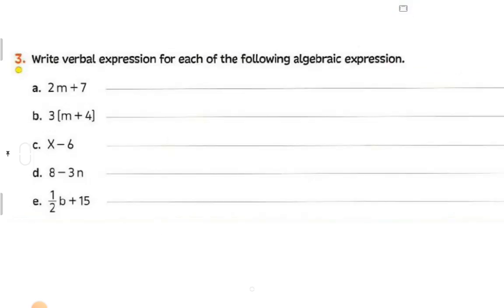Next, write a verbal expression for each of the following algebraic expressions. We will convert between algebraic and verbal. Point A, 2m plus 7. 2m is multiply, okay? 2 may be twice or double.